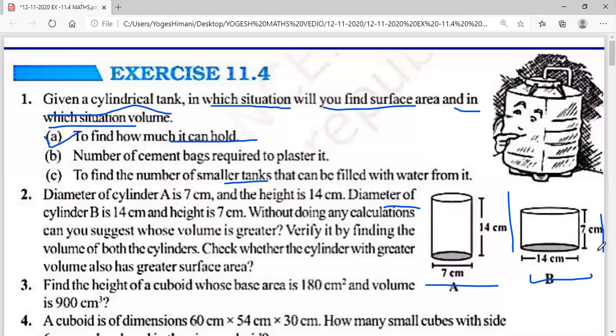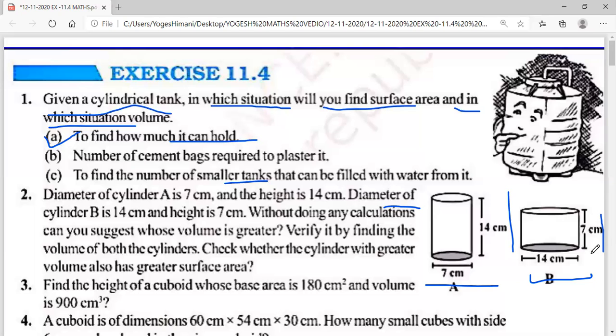If the first has greater volume, is its surface area greater or not? If the second has greater volume, is its surface area greater or not? So we have three questions in one question.